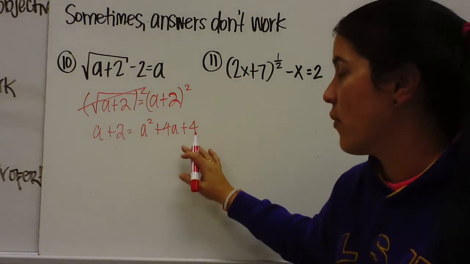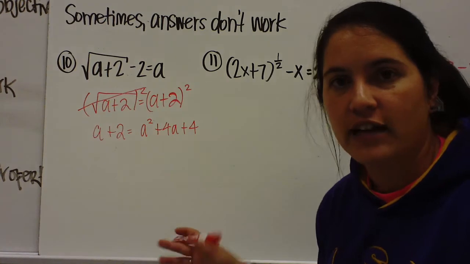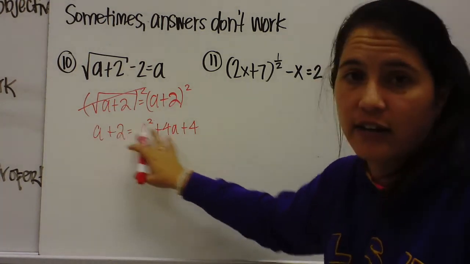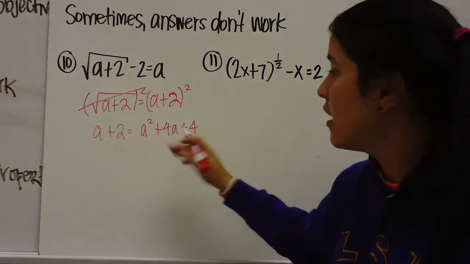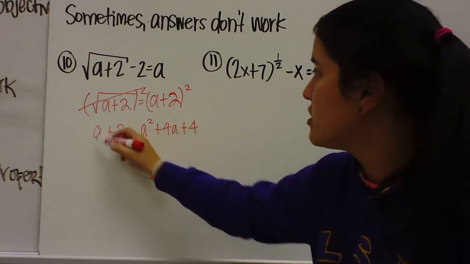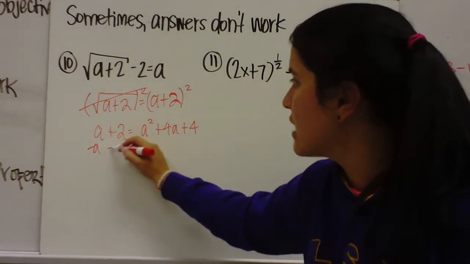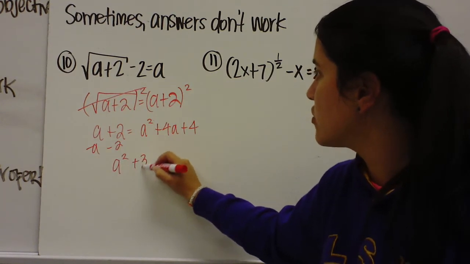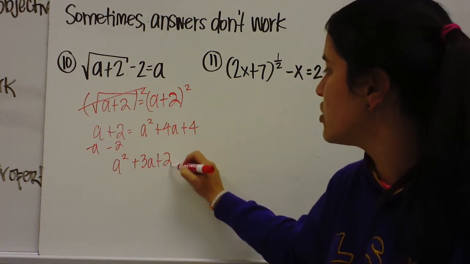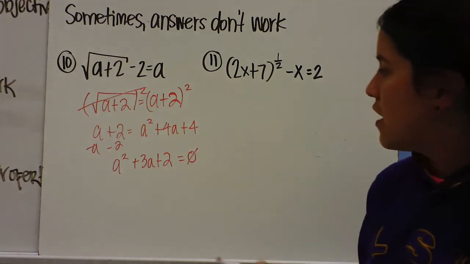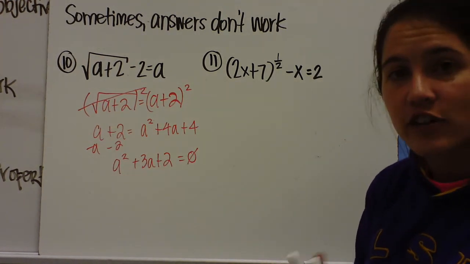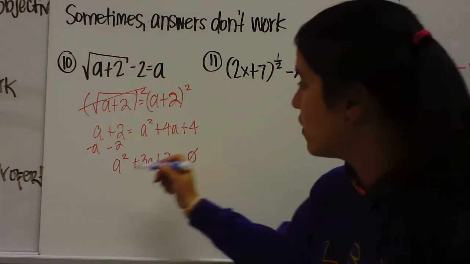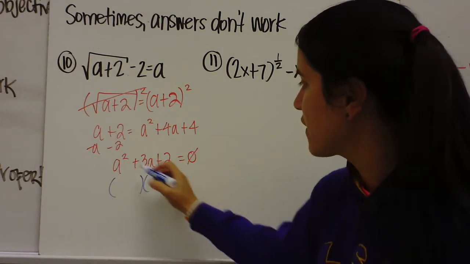To solve this equation, I need to move everything over and set it equal to 0, just like a quadratic. So this is like a quadratic equation. I'm going to subtract a, subtract 2, and I'm left with a squared plus 3a plus 2. I think factoring is going to be the easiest way, so let's go back to factoring.